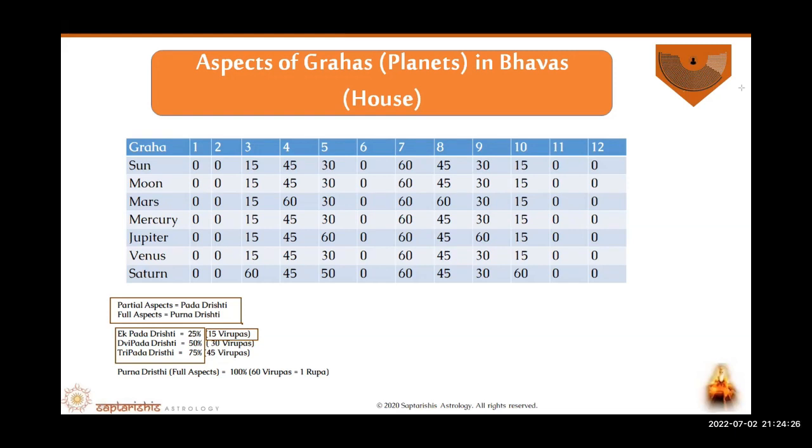There is a whole flow of teachers who started this knowledge, and they passed it on to their disciples. Among them, Bhrigus are there, Vashishta, Garga Rishi. Parashara Muni comes many times after.